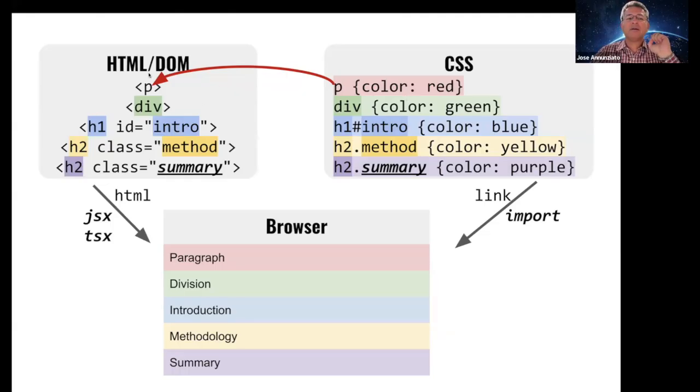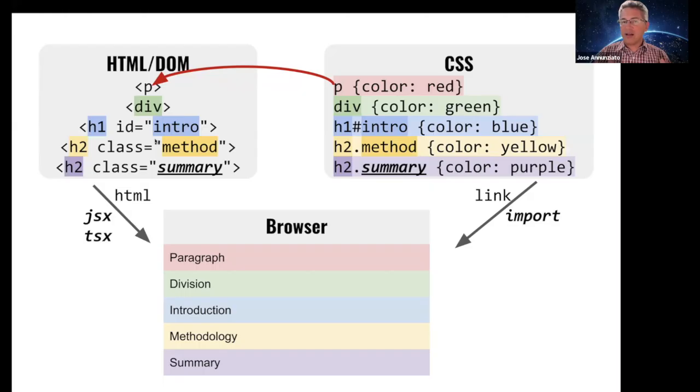The HTML defines all these tags, the paragraph tags and the heading tags, the lists, tables, and all that, and tells the browser the logical structure of the document. And what CSS can do is override the default look and feel.